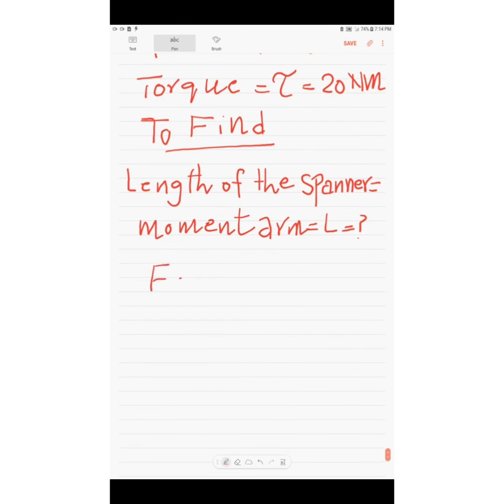Next heading is formula. Underline it. Tau is equal to F multiplied by L.